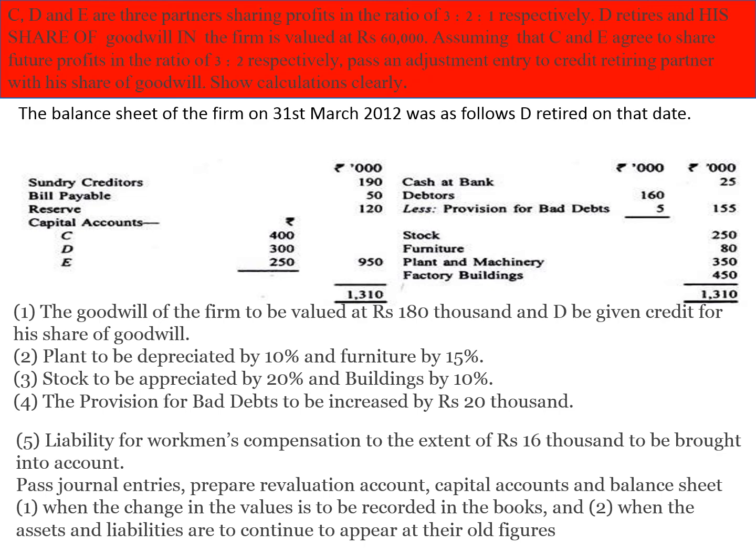Old ratio was 3:2:1. So D will be given 2/6, 1/3, that is 40,000. 40,000 will be charged from C and E in their new ratio 3:2. So that is 12,000 and 28,000. In this way we will pass the journal entries.